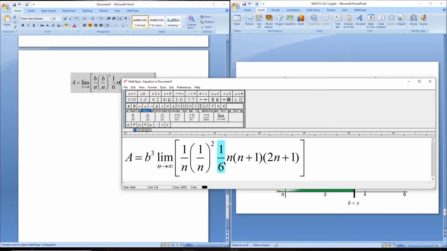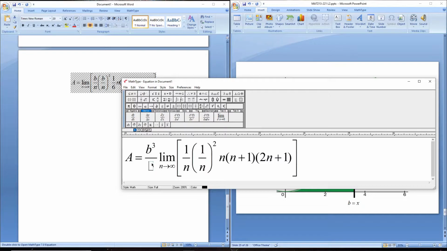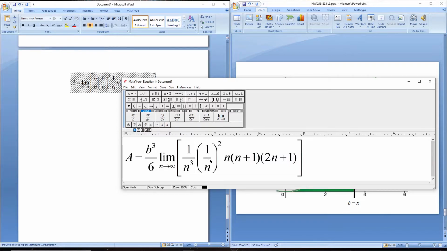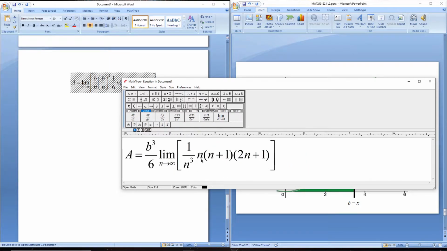This 1/6 is also constant, so we can pull that out of the limit. And so now we have an n cubed down here. And this n and this n cubed will cancel to give us an n squared.